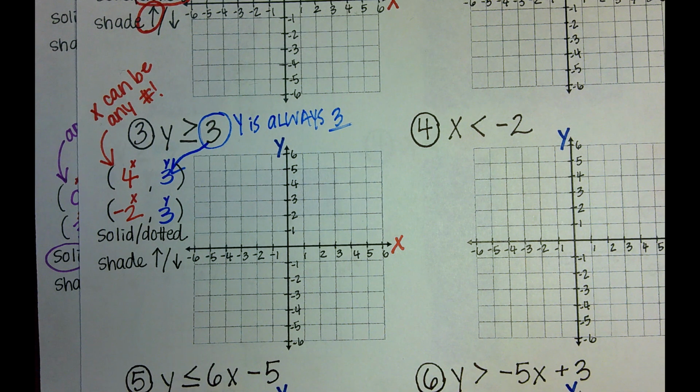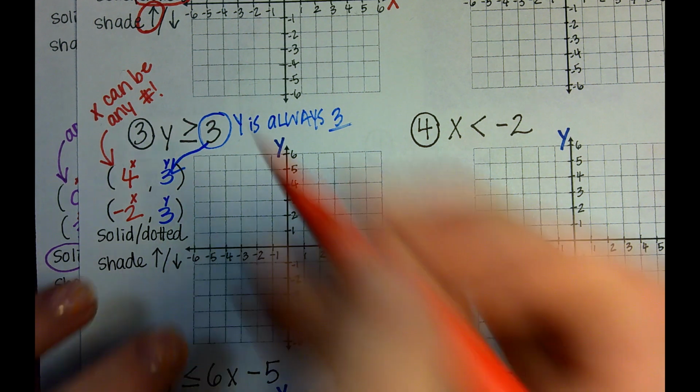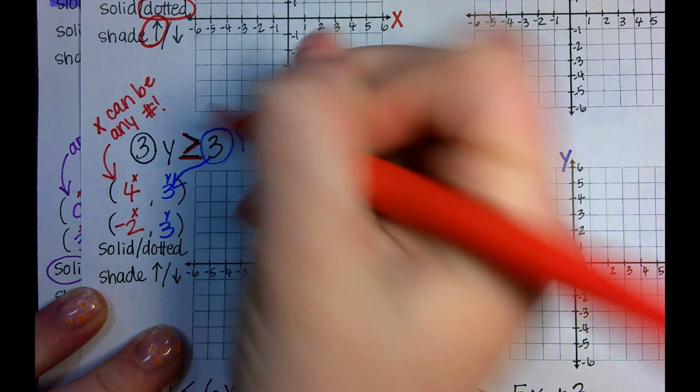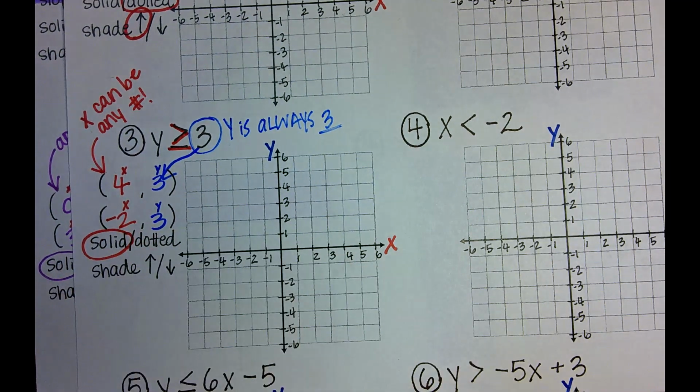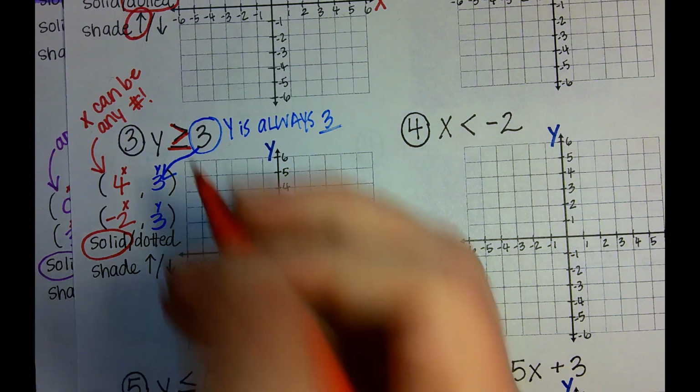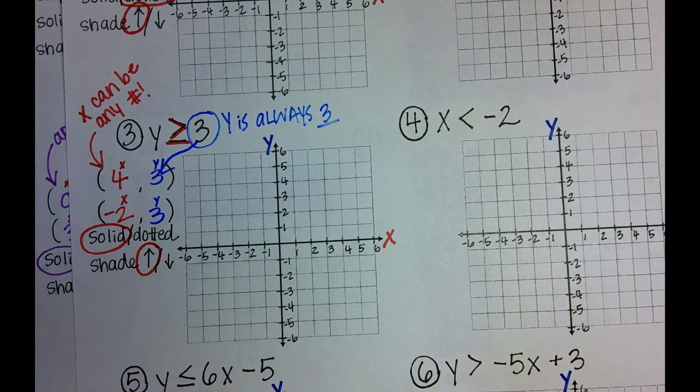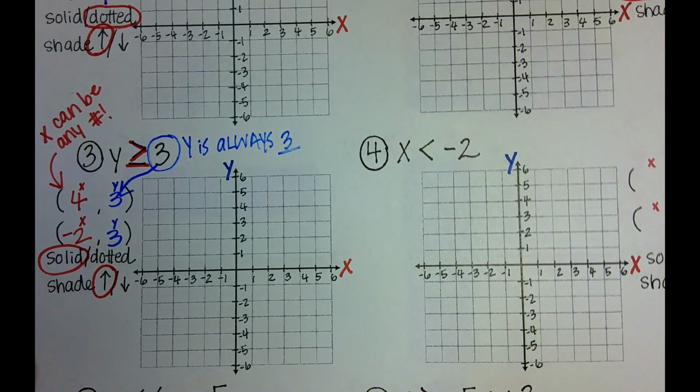Okay, so is this a solid line or a dotted line? Solid. Good. We have greater than or equal to. That makes it solid. And then shade up or down? Up. Perfect.